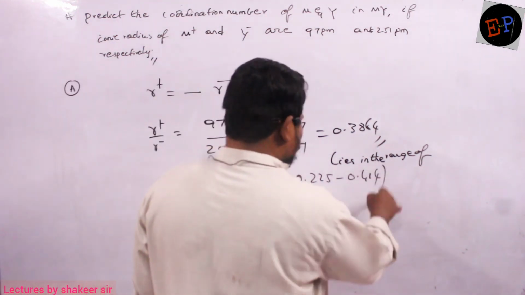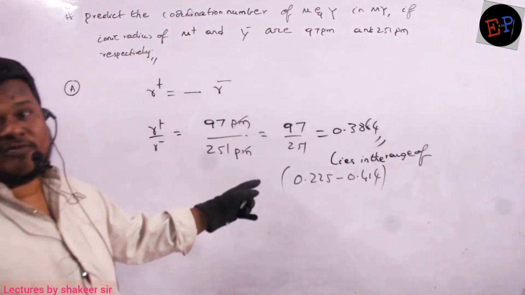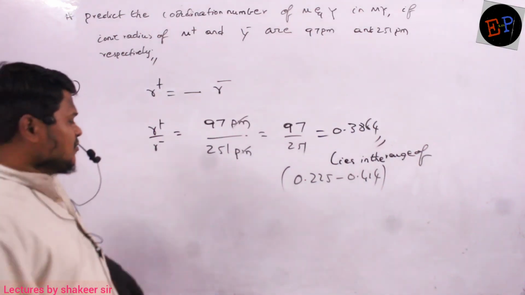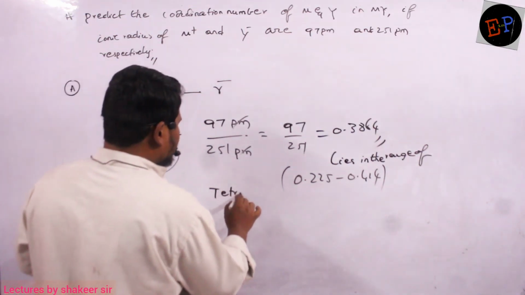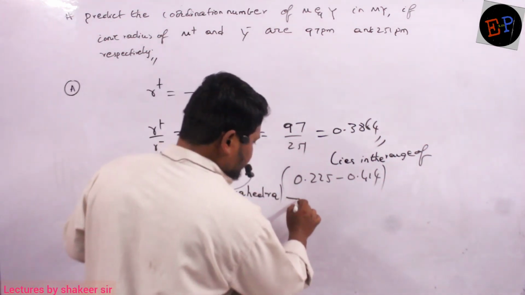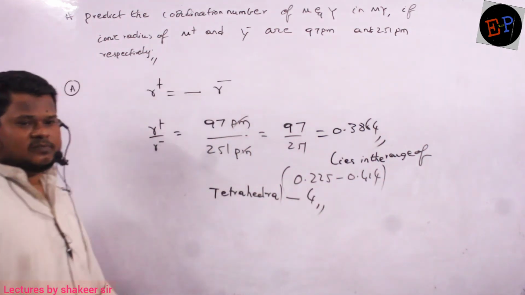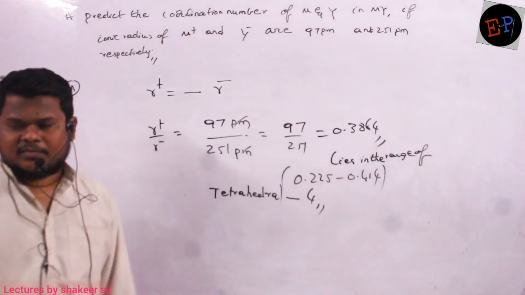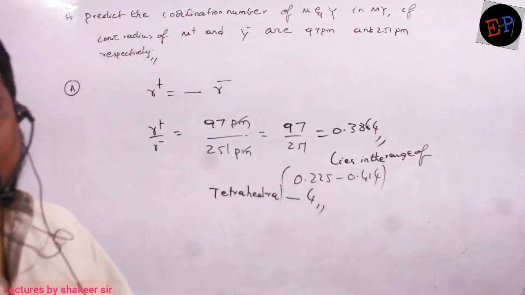So it is lying in this range, and this range belongs to which void? Tetrahedral void. So that is my answer. Tetrahedral void coordination number is 4. So the coordination number will be 4 for this particular crystal.